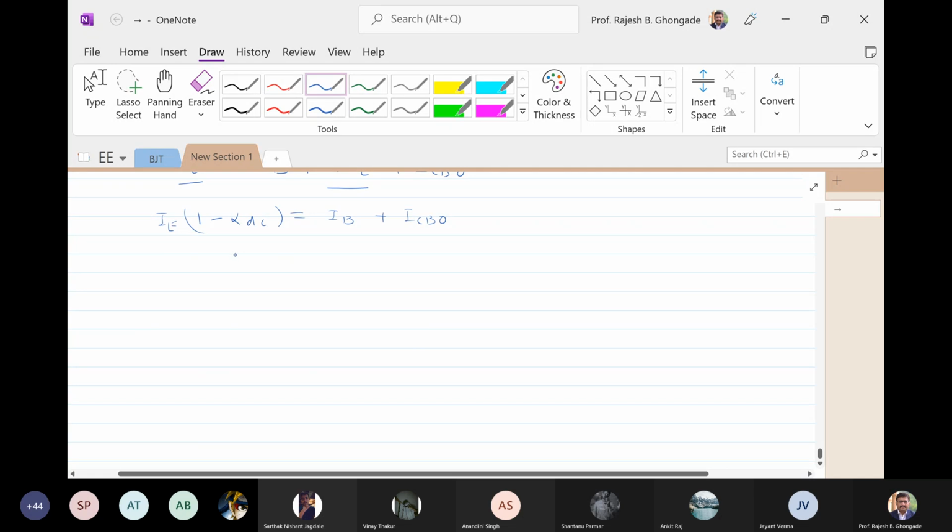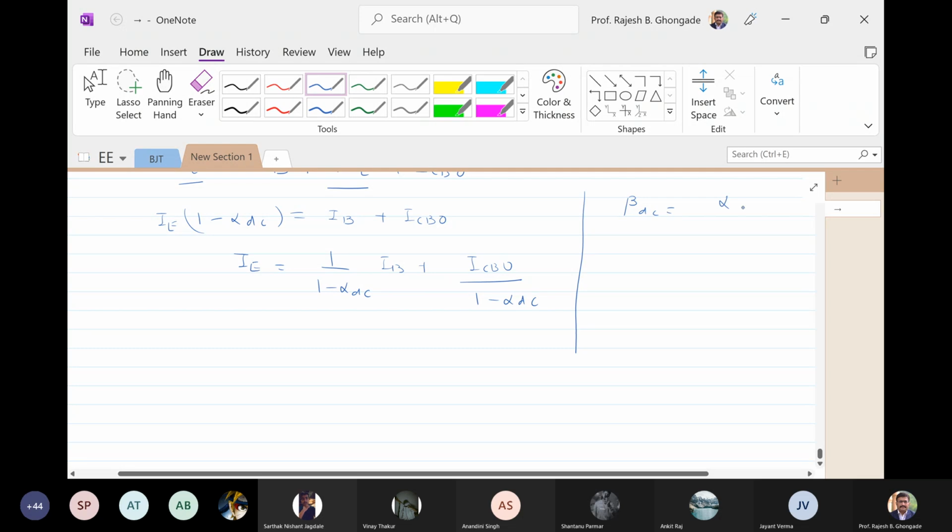Yes, sir. So we have IE as 1 by 1 minus alpha DC into IB plus ICBO divided by 1 minus alpha DC. Now you can derive this equation for the relationship between beta DC and alpha DC.